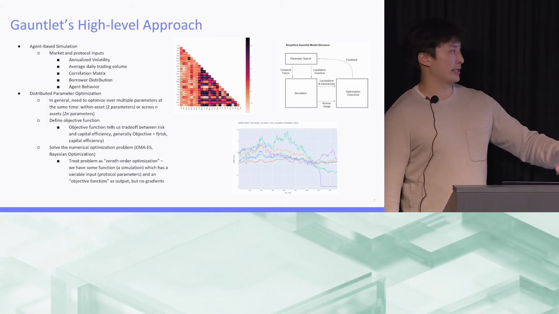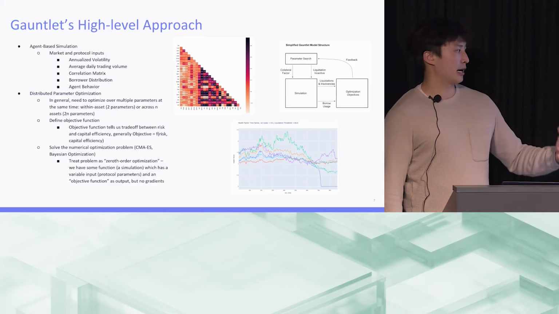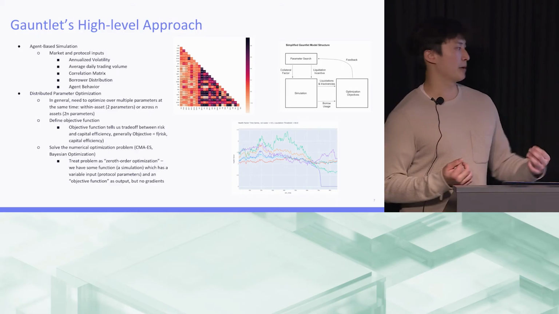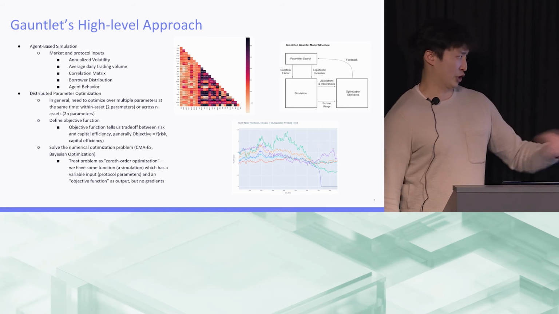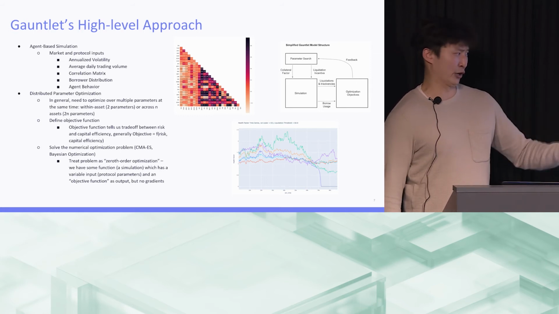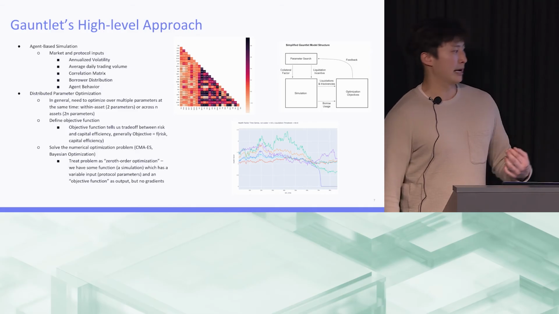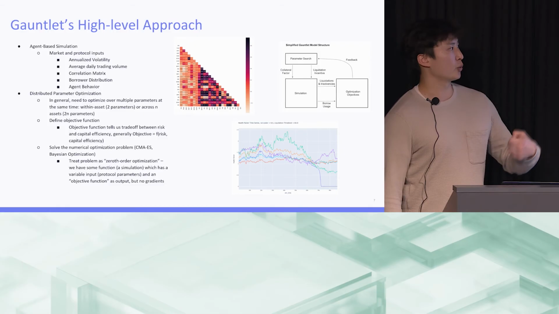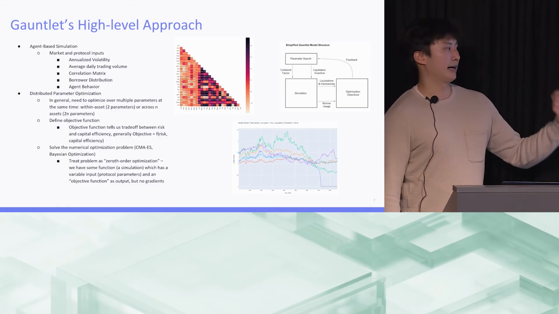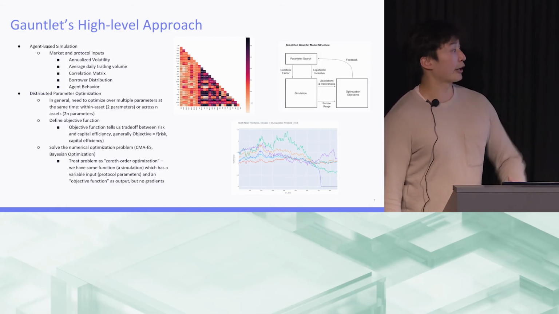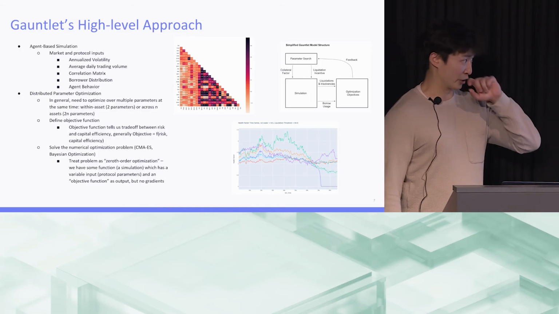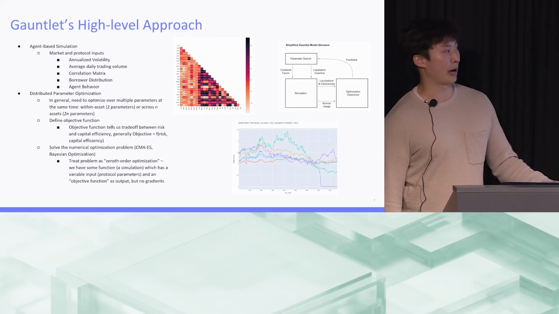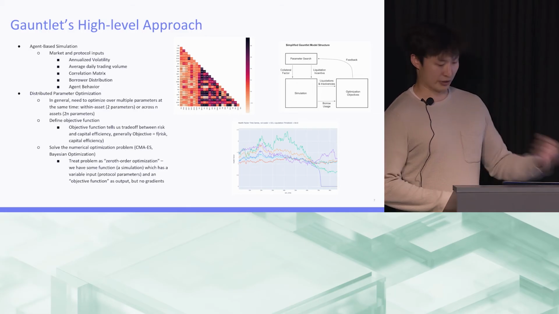There are many ways to solve these problems, but we have determined that solving this as a zeroth order optimization problem is computationally efficient. And so the idea is you want to optimize for the various conditions and objective functions that you would define, and understand how to optimally set parameters for these protocols under these various conditions.